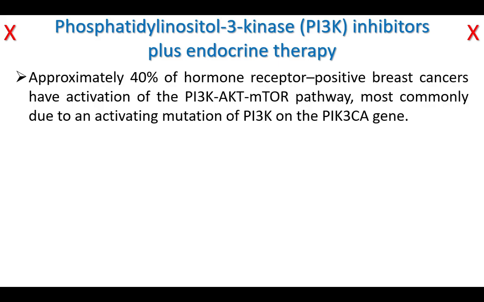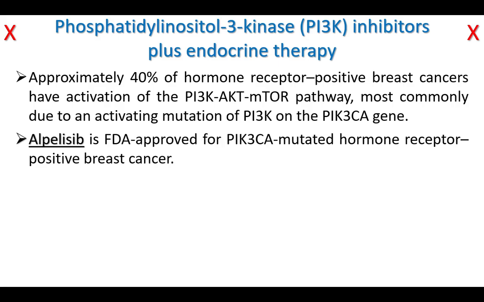So there's also a role of the PI3K, AKT, mTOR pathway in these tumor cells. So there is a drug which inhibits the product of a gene, in PIK3CA mutated, hormone receptor positive breast cancer.